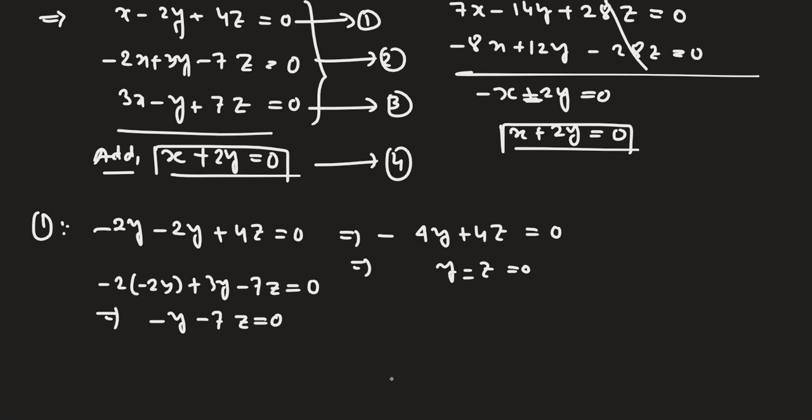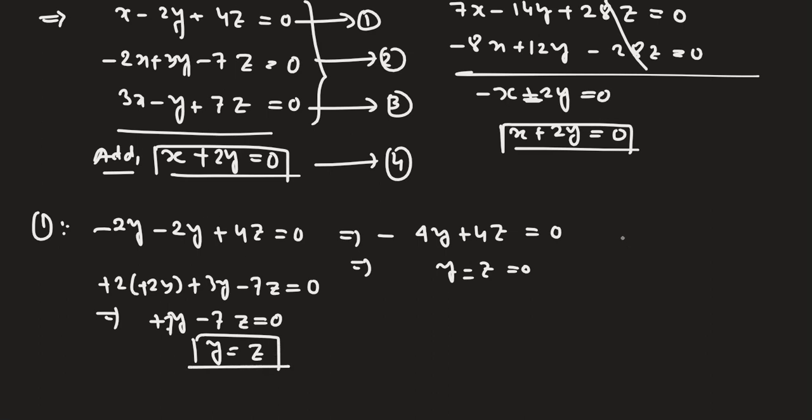Okay, now let me check the calculation once again. X equal to minus 2y, I am putting here minus 2y, so it will be 4y, 4 plus 3 is 7y, minus 7z, so again we are getting y equal to z. Okay, no problem.